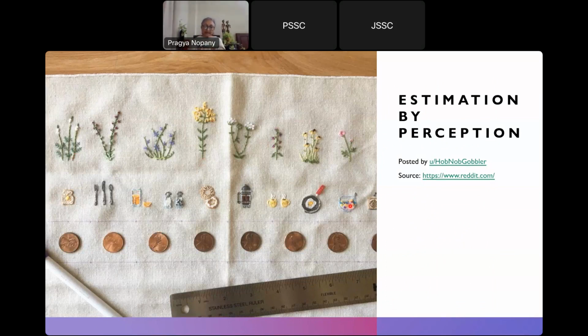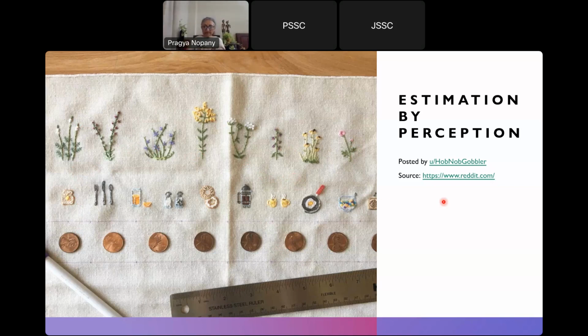So what idea is being shown? That you can maybe put pennies at equal distance, and then by perception you can divide, or you can place these motifs at equal distance. So that is an idea about estimation, which can be used in embroidery.